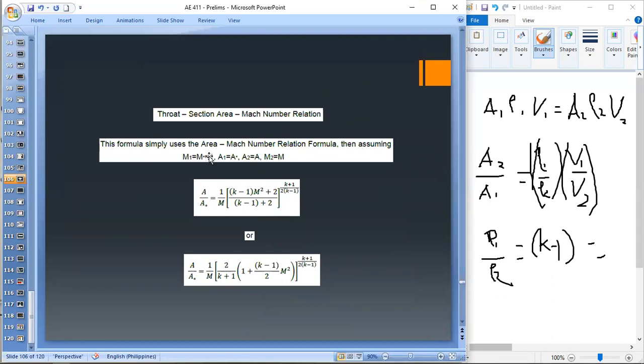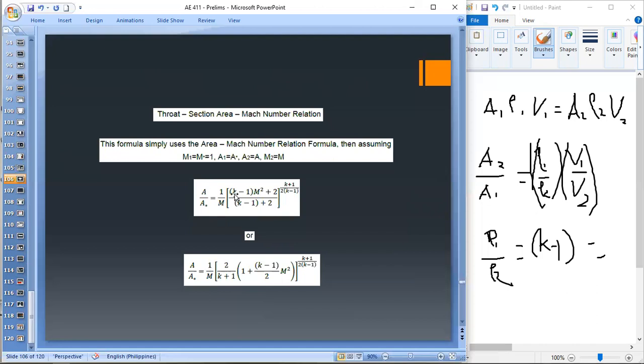So, this formula simply uses the area Mach number relation formula. Then, assuming M1 is equals to M throat. So, throat yung may asterisk, is equals to your sonic. So, dun yung speed mo, kung saan, dun yung area mo. So, pag sinabing what is your area at the throat, so, yan yung gamitin mo.